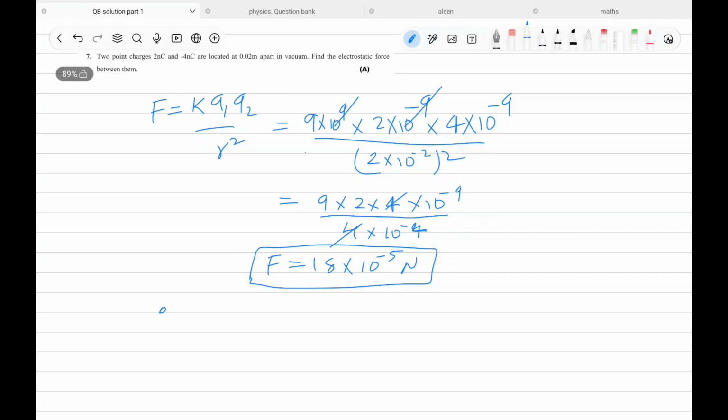Here is the 2 nanocoulomb charge, the positive charge, and here is the minus 4 nanocoulomb charge. One is a positive charge and one is a negative charge, so the force will be attractive. Like charges repel each other and opposite charges attract each other, so it will be an attractive force. Okay, that's all.